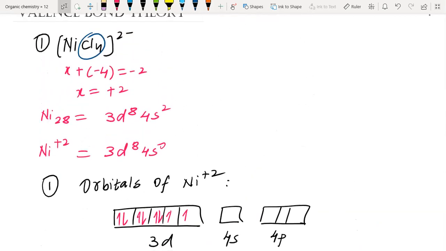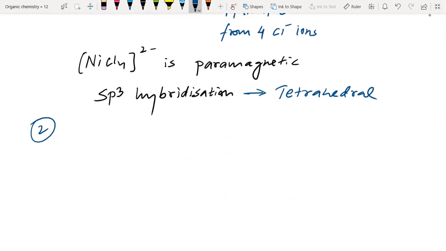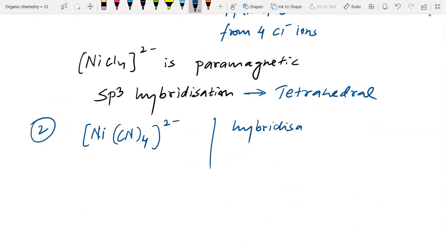If suppose we have another example, say tetracyanonickelate 2 ion. Now we want to find out the hybridization, and on this basis we can find out the geometry.